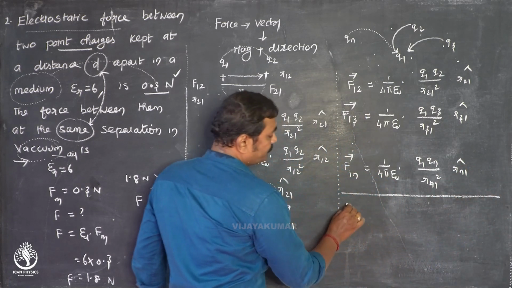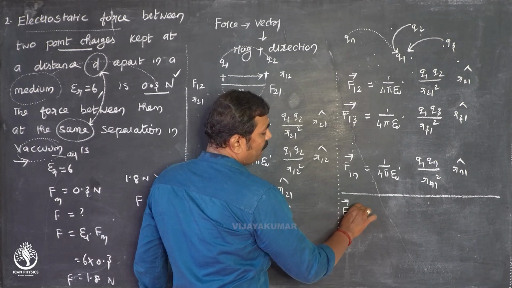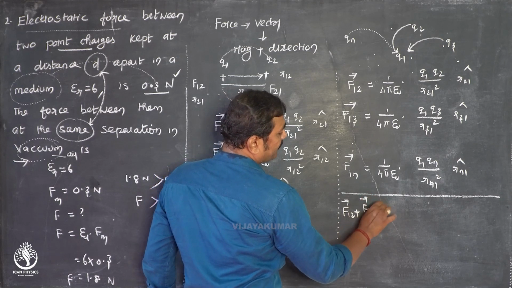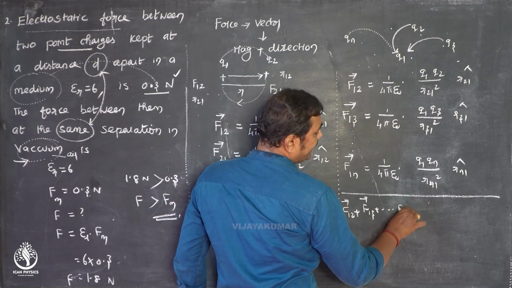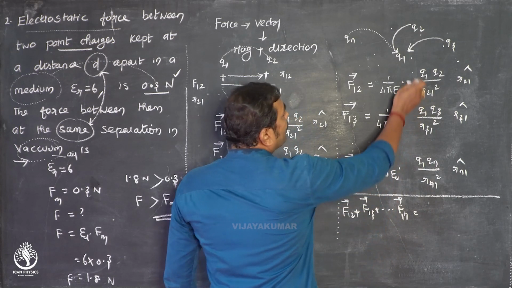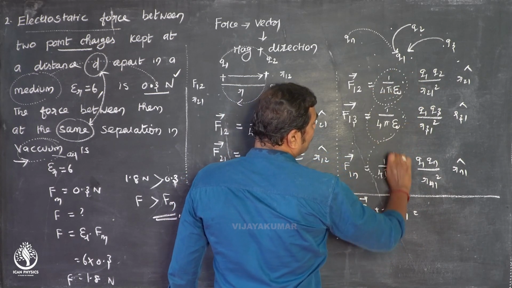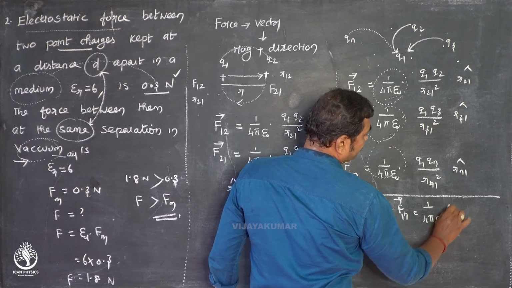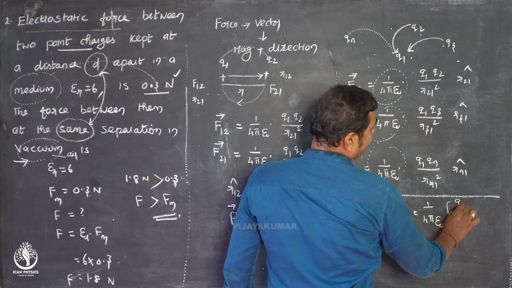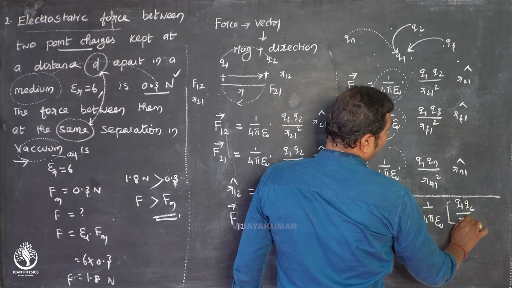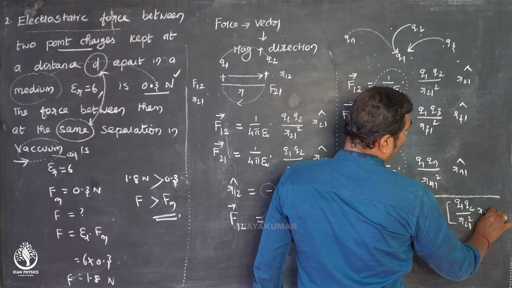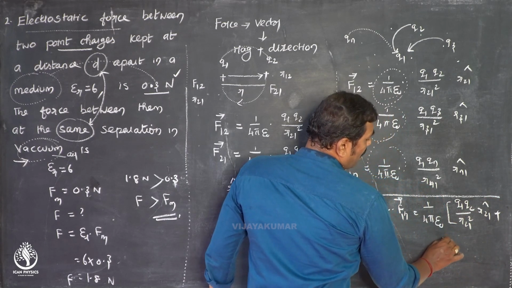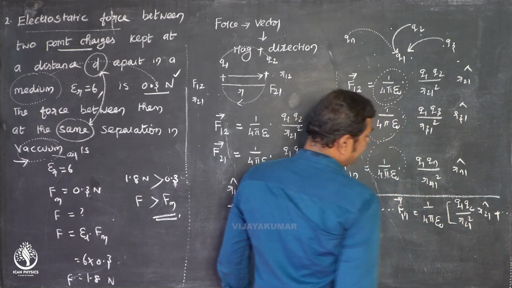So now we can add F12 vector plus F13 vector up to F1n vector equal to. Now which can be taken as common? 1 by 4 pi epsilon 0 can be taken as common. Okay. So what about the remaining Q1 Q2 by R21 squared R21 cap. Like that it goes up to the nth term.